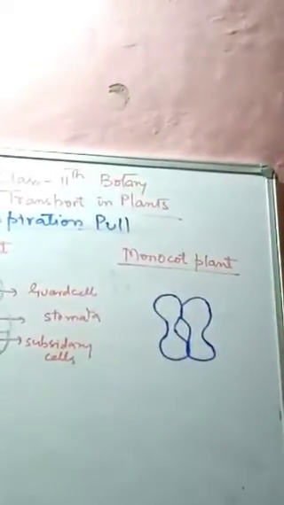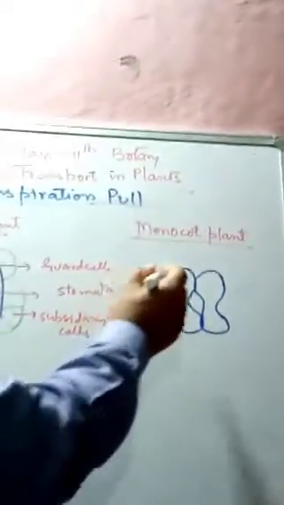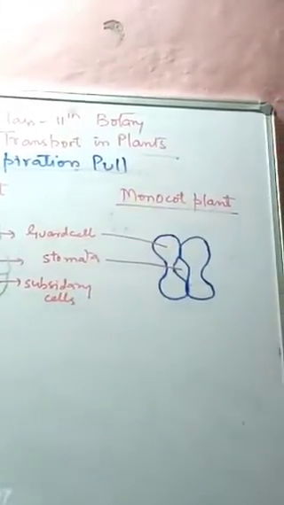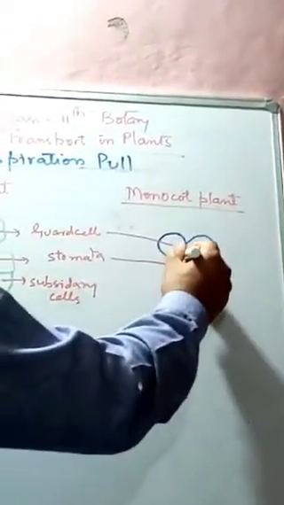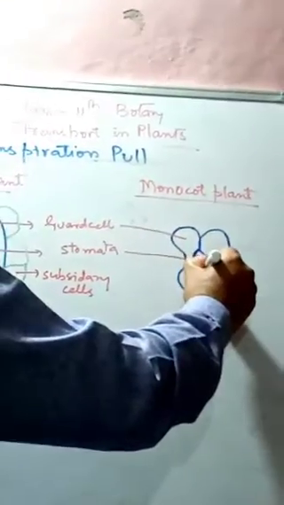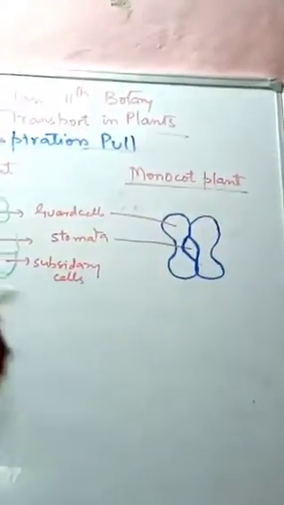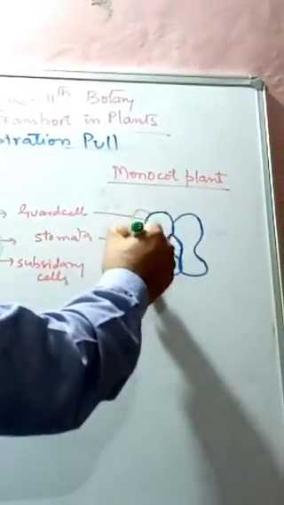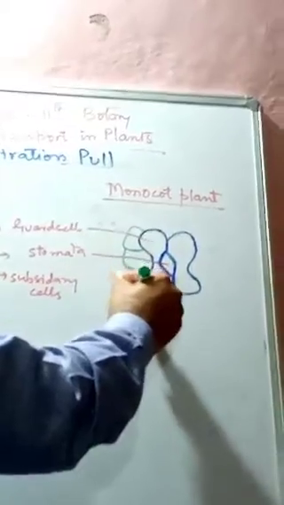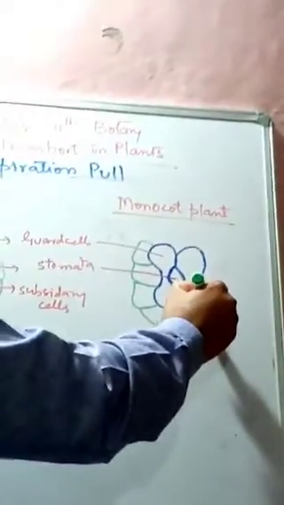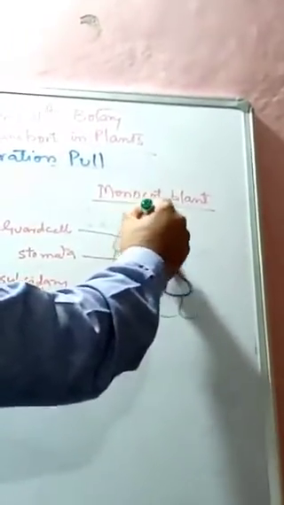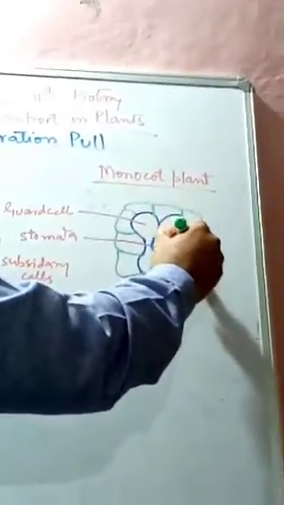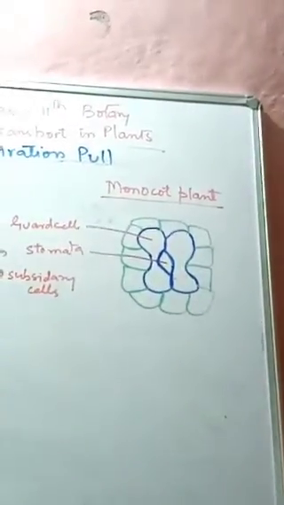Again, these are the guard cells, this is the stomata. Again the inner side is somewhat thicker, and they are surrounded by the subsidiary cells. These are subsidiary cells.